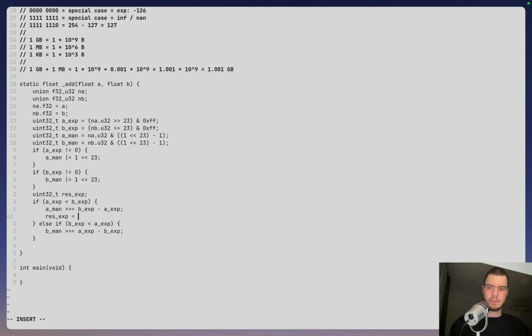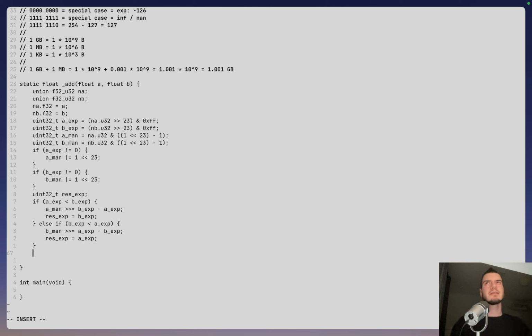And in this case, we're going to assign the exponent of b, because we're trying to bring a's exponent up to be at the same level as b in this branch. And in this branch, we're doing the same for a. All right. So now we have the same exponents, which means we can now sum the two mantissa values.